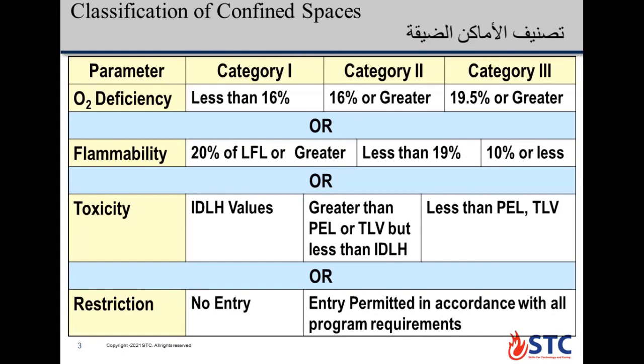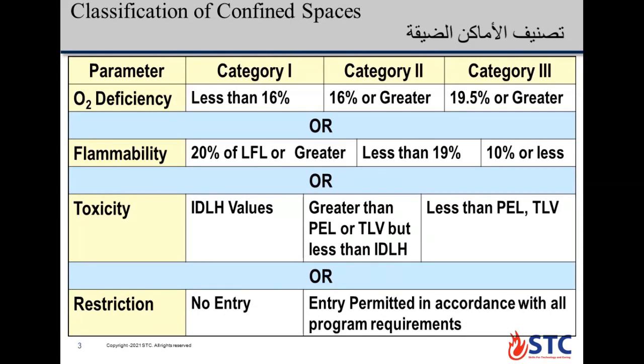Category 1: if the O2 is less than 16, and flammability is greater than 20 percent of the LFL, the lower flammability limit, and the toxicity volume is high.